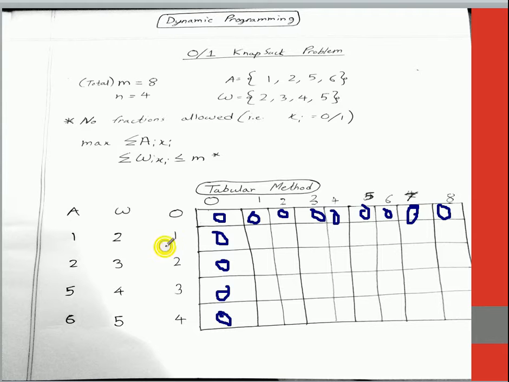And now for 1, I'm going to put something. What am I going to put? Look at the weight at 2. So at 2, I will have 1. Now what will I put here? 0, which is the previous number, and there is nothing more to consider over here, so I will keep all the others as 1.